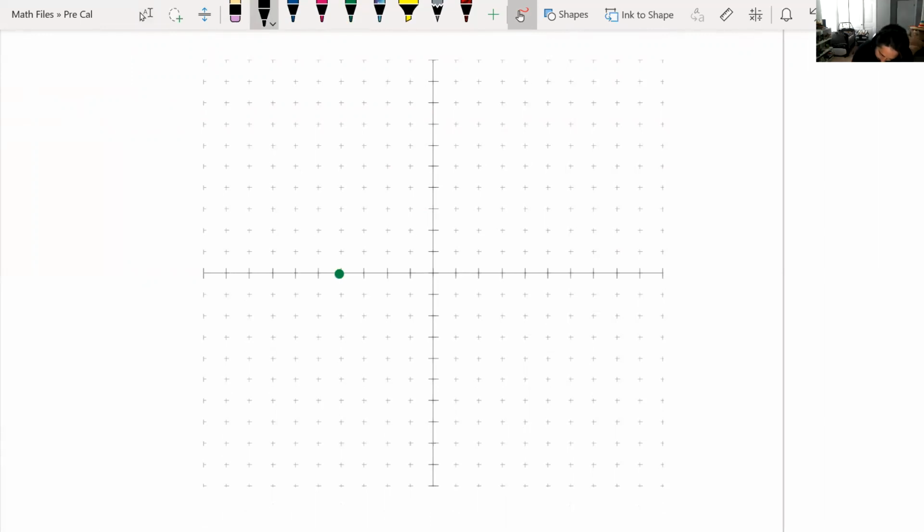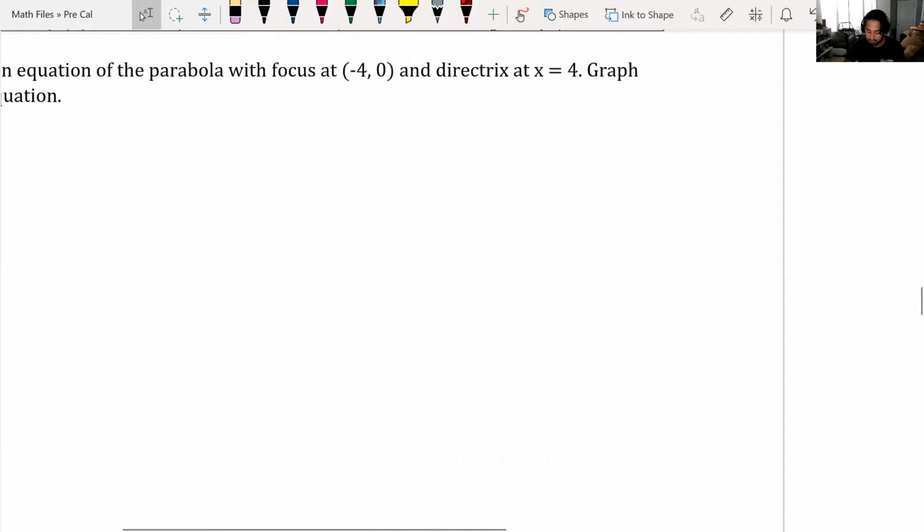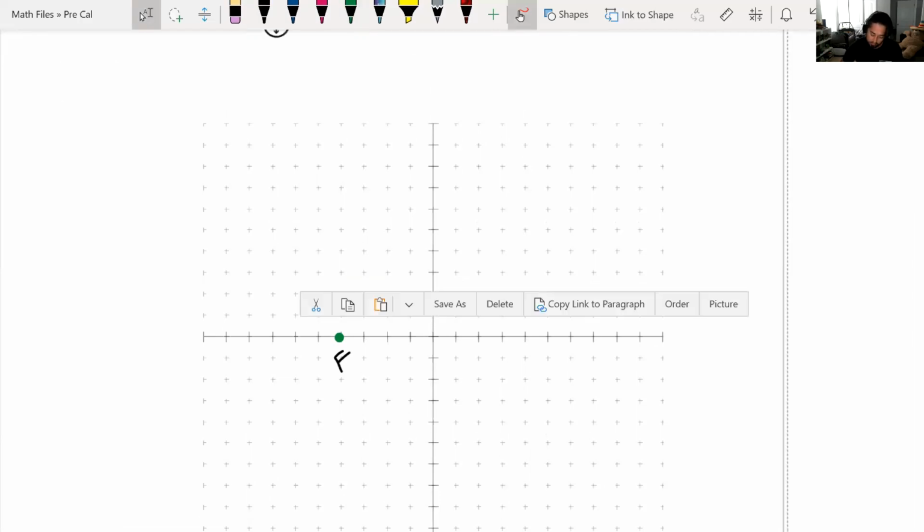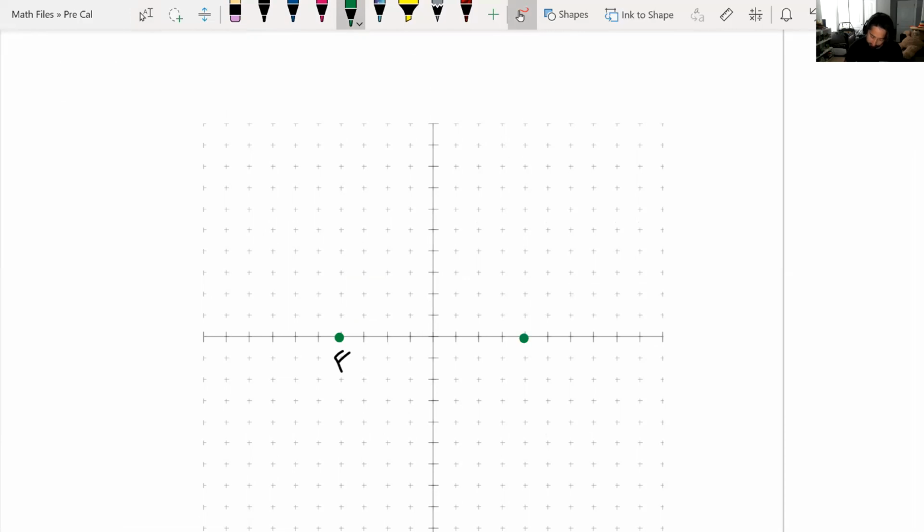There is our focus. And our directrix is at x equals 4. So 1, 2, 3, 4. This is where our directrix will be, and since it's giving us x equals 4, we know that is a vertical line already. So you can just draw a vertical line there.